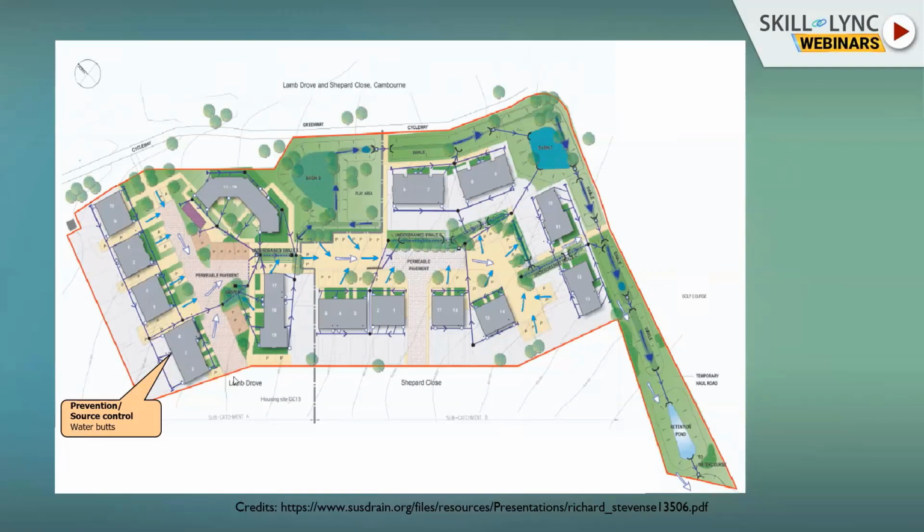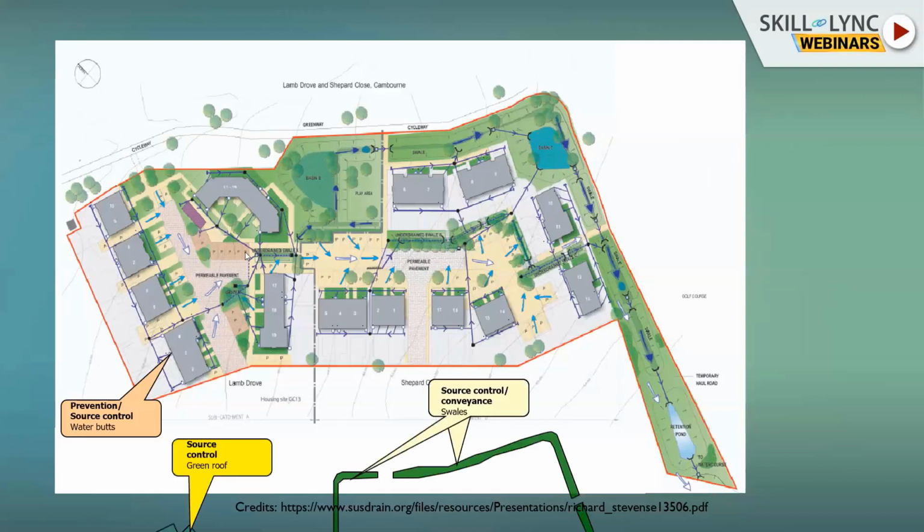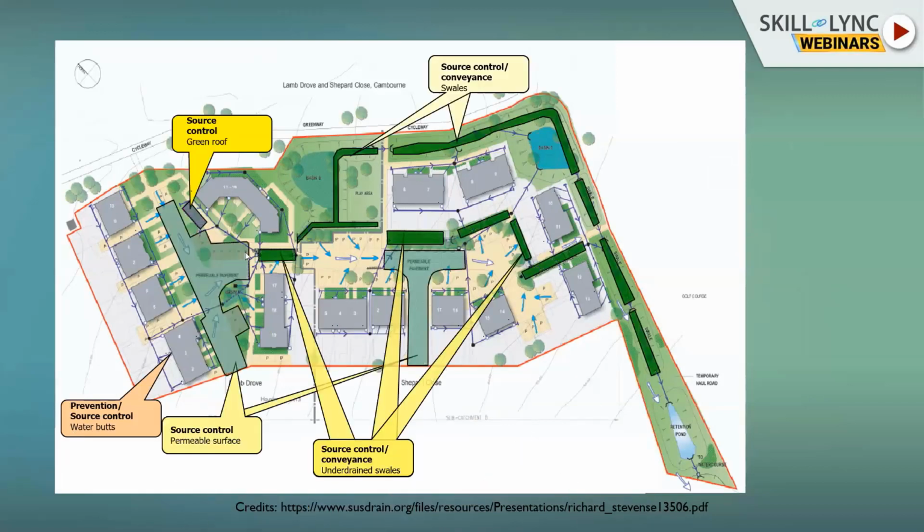So something like that. These were kept outside every house, and from the roof, a pipe was connected to these, and these were filled and then emptied into green areas or grasslands. Then, because the area is so big, just the prevention would not have worked. So then we went into the source control.